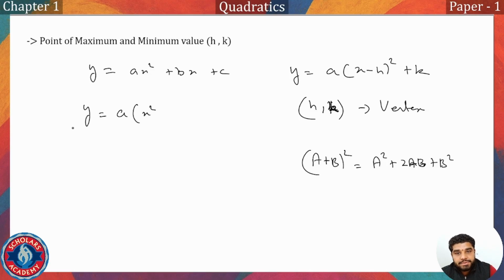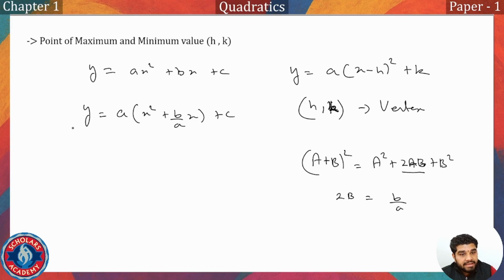I get x square plus b by a x plus c. I will ignore this constant value. By the completing the square method, this particular value is 2AB. A over here is x. We just need to find out B.